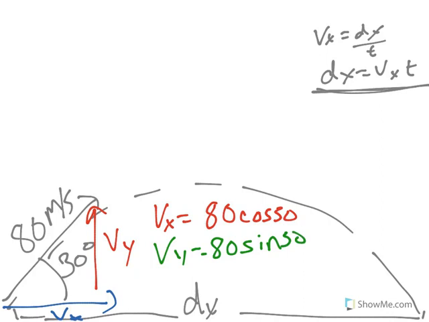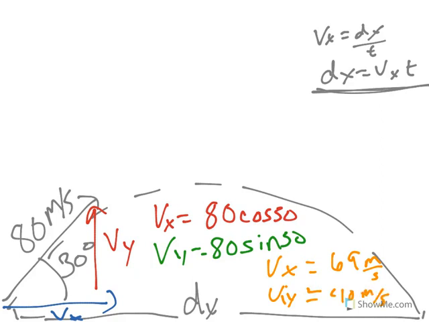Which gives us these values for these two things. So Vx and Vy, and this is the initial velocity in the y, mind. Vx is equal to 80 cosine 30. And keep in mind, you need to make sure that you've got it in degrees and not radians. So 80 cosine 30 is 69 meters per second, and 80 sine 30 is 40 meters per second.